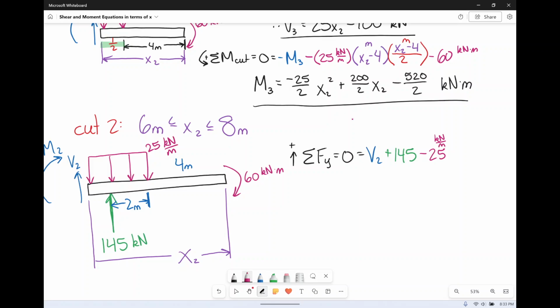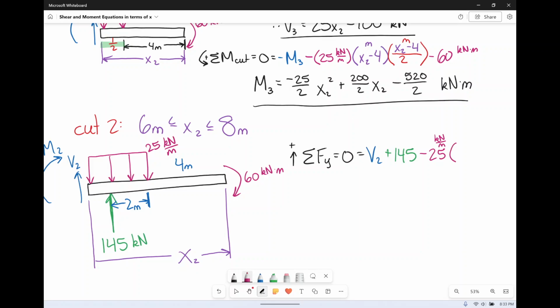What's the distance? Now you might be thinking, ooh, this one got really disgusting. It didn't change. Believe it or not, it did not change, because look at this. This distance is still x2 minus 4. It actually didn't change. So that's kind of adorable.